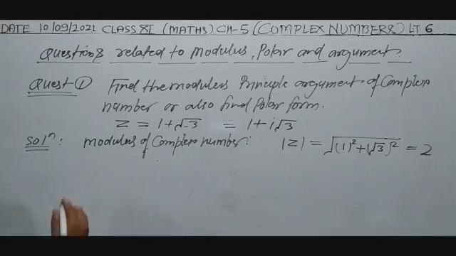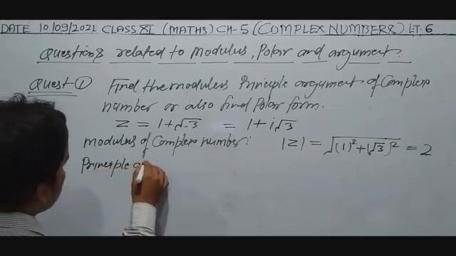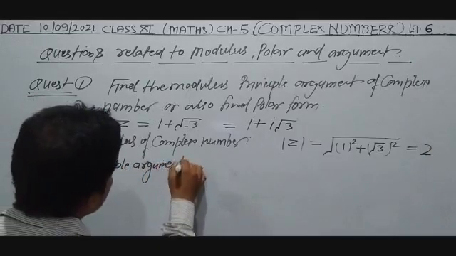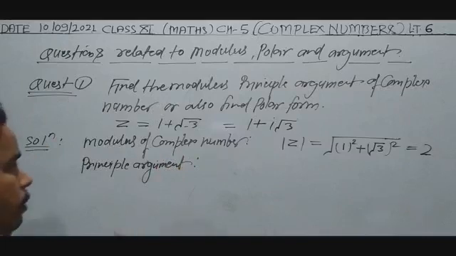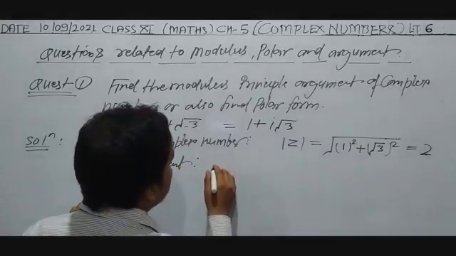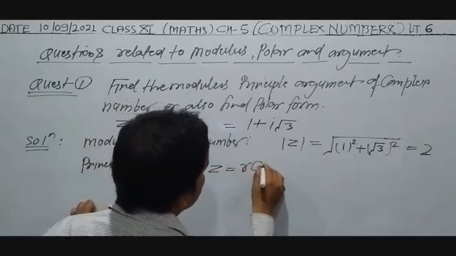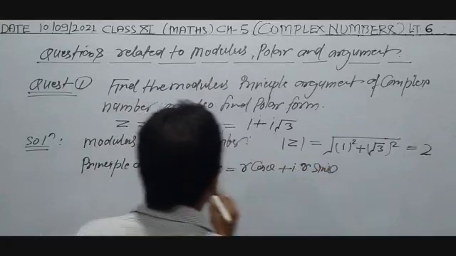The polar format is z is equal to r cos theta plus i r sin theta.